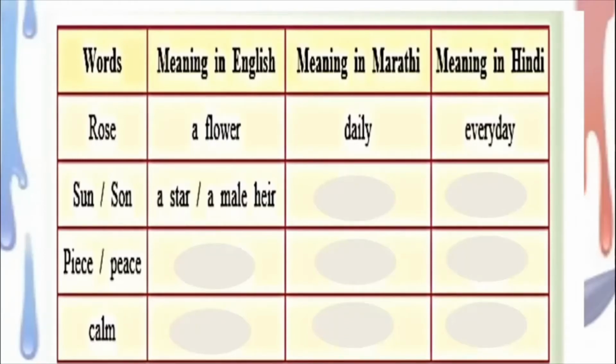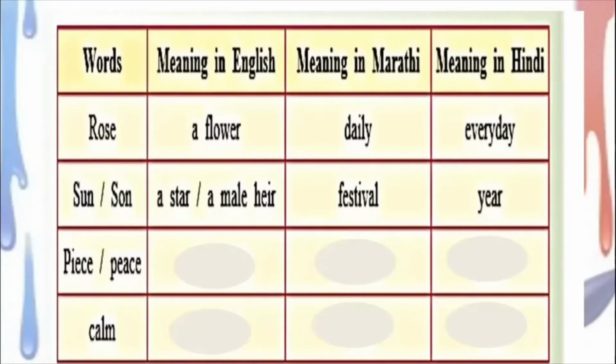So that is the son, S-O-N. The meaning in Marathi would be festival. Diwaliचा सण. Or Holiचा सण. And in Hindi, it will mean year, San 39, San 27. This is the way we say.